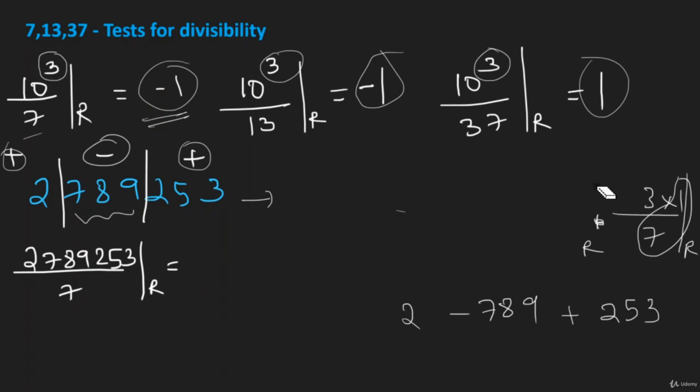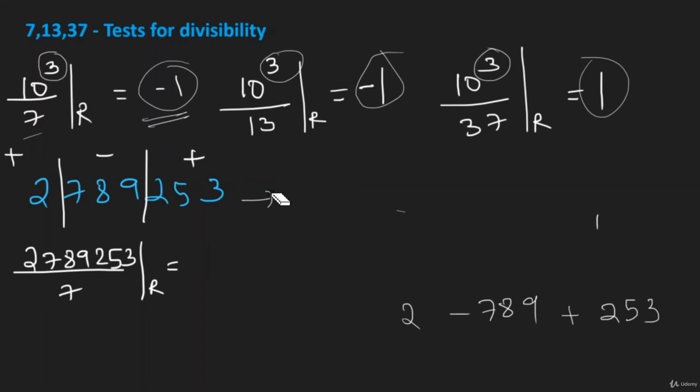Alright, now having established why these signs come over here, let's move ahead. So what you do is, you have 2 over here and you have 253. If you add them, you get 255, and you have -789. So let's subtract these two.